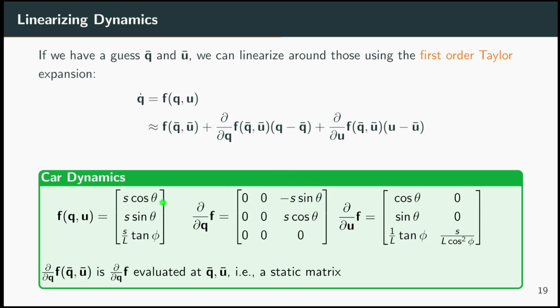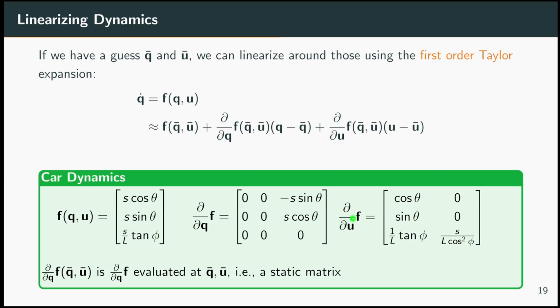So this dynamic does not depend on x and y. That's why you get zeros over here. This last one doesn't depend on theta. That's why you get a 0 here. And then you get some values because a derivative with respect to theta is this one and that one, right?